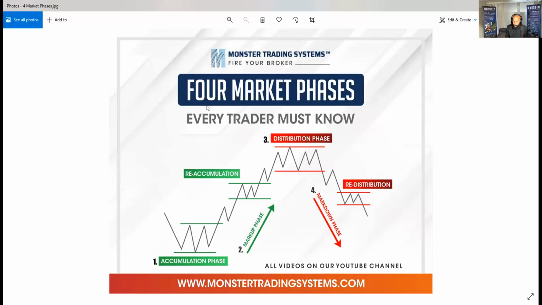Okay. So this is the 4 market phases that every trader must know. Those of you who do not have a copy of this, go ahead and take a picture of it. I would recommend that you print it and have it laminated.